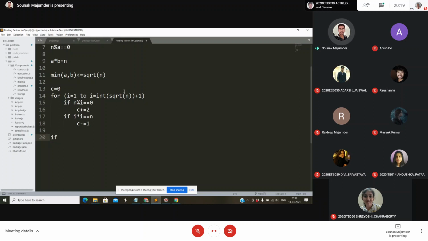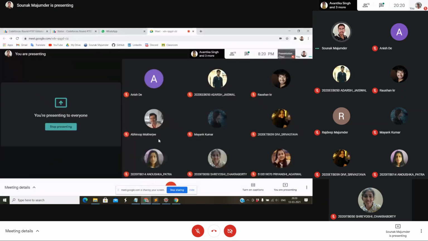Here sqrt of n is very important. So for the prime, if c is equal to 2, then it's prime. So is it clear?